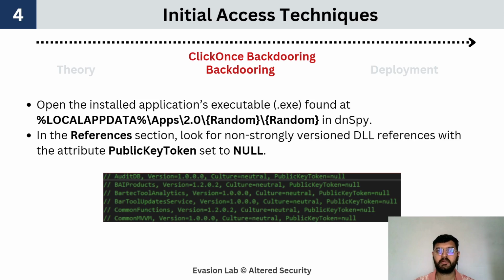Now that we are familiar with the ClickOnce manifest files and our ClickOnce application TPMS Desktop, we'll start backdooring it to host our malicious payload. We start by opening the application executable in dnSpy and looking for non-strongly versioned DLL references. Let's take a look at it in our Windows virtual machine.